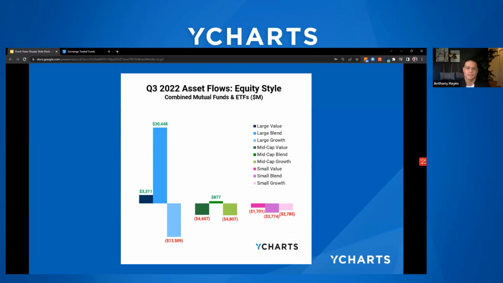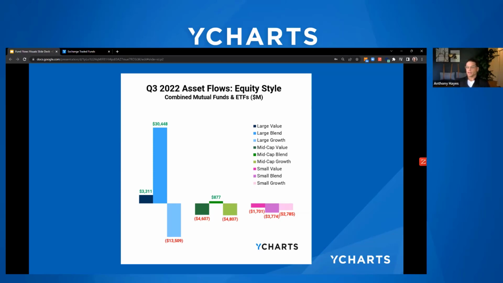And this slide indicates those Q3 flows into both mutual funds and ETFs. And you can clearly see, as indicated by the large blue bar on the left side of your screen, that investors favored large cap companies versus mid and small cap, with large blend taking in over $30 billion in Q3, and then large value coming in a distant second with a mere $3.3 billion of inflows.